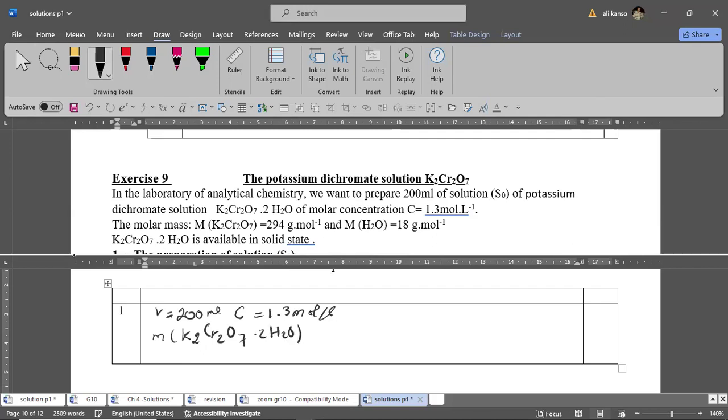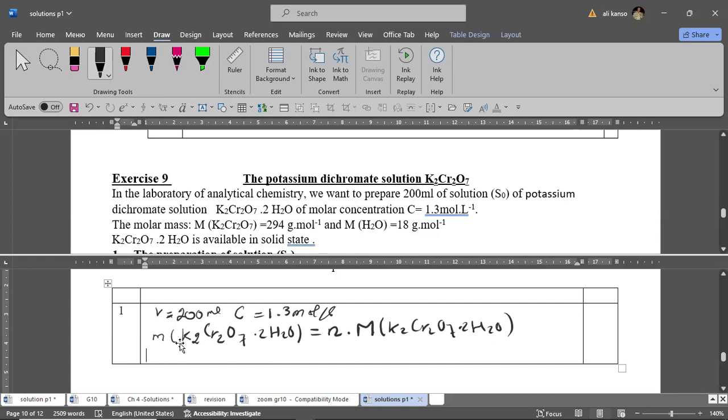First, you have to find the number of moles and the molar mass of this substance. What is given? We are given C and V. You can find the number of mole. We are given the molar masses of the parts.